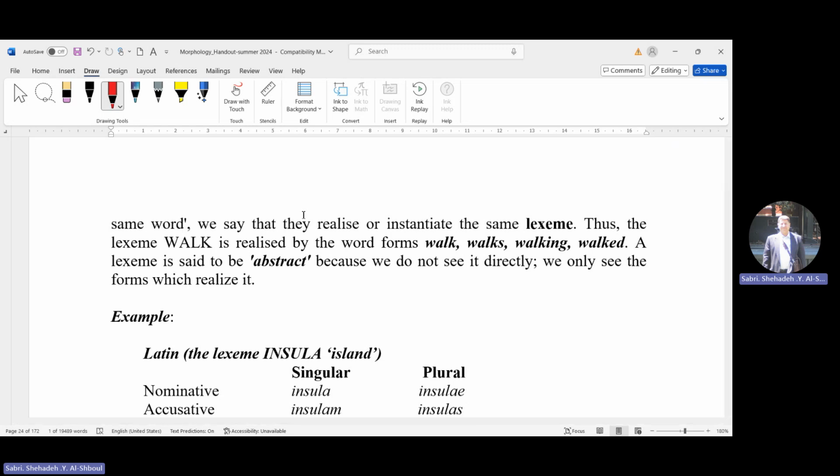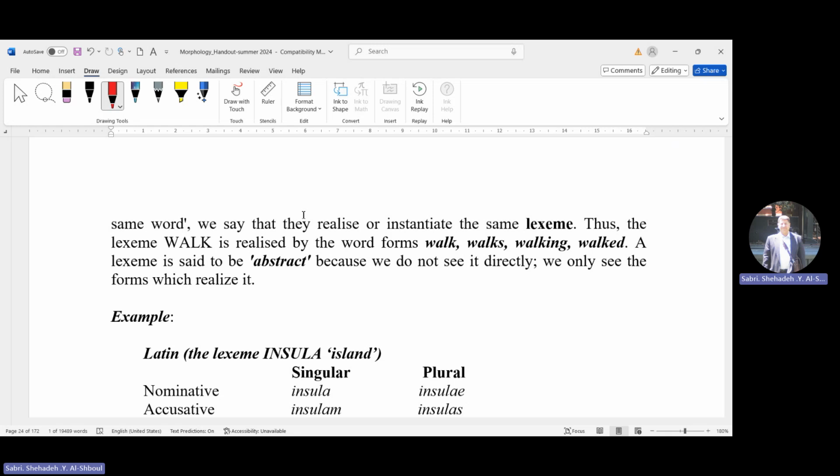Therefore the lexeme walk is realized by the forms walk, walks, walking, walked. So the lexeme, as I said, is a kind of abstract because it lives in the lexicon. Once it's produced, once it's uttered, it becomes a word form because it undergoes the inflectional operations at the case level, number level, tense level, mood level, gender level, aspect level, and so on and so forth.